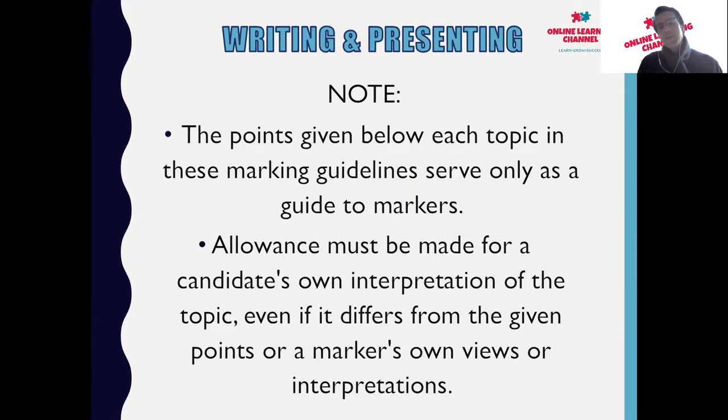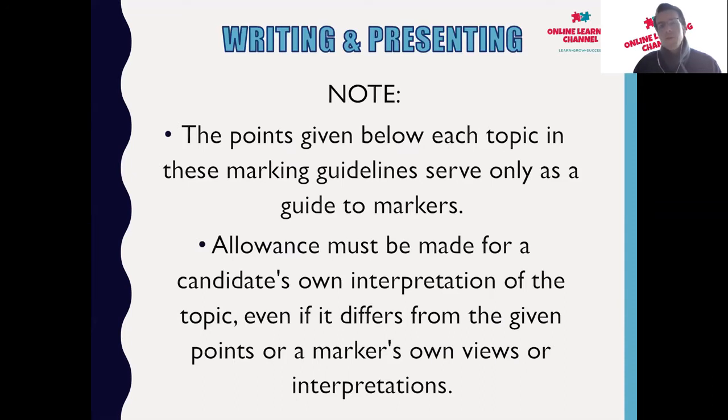In many respects, when it comes to marking essays, a lot of it does boil down to personal interpretation and personal awareness as to how the actual essay is being brought across. So a fair share of allowance must be made for a candidate's own interpretation of the topic, even if it differs from the given points or a marker's own views or interpretations.